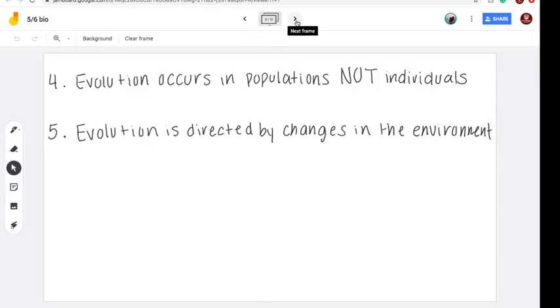So animals that evolved in the ocean must be streamlined in order to move freely. Animals adapt to changes in their environment and evolve based on the surroundings. So now that we know all the important concepts of evolution, let's go over some questions.